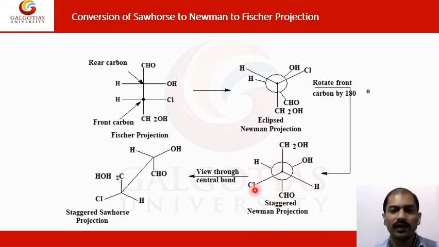So in this way you can change the Newman projection formula. By converting this Newman projection into the staggered form in a Sawhorse projection, you have to put the different groups: this front carbon is put here and the rear carbon you have to put this way.